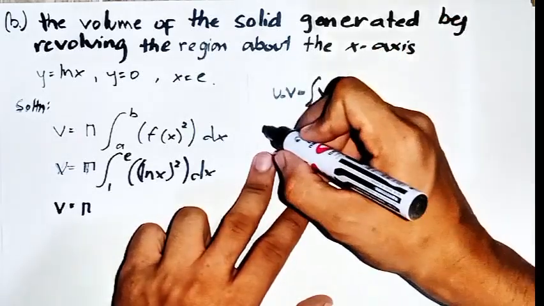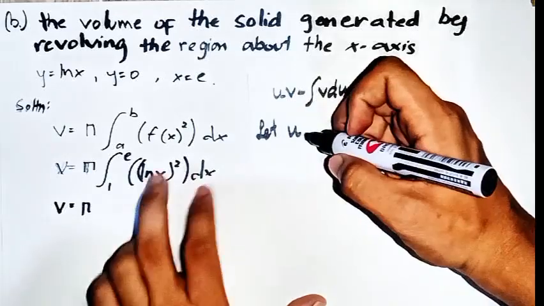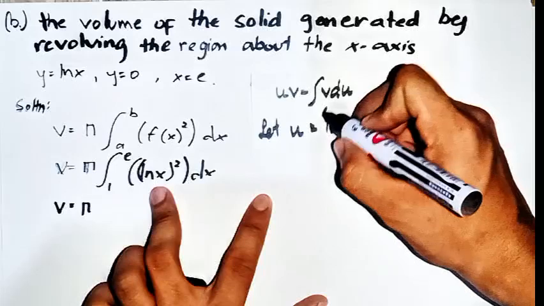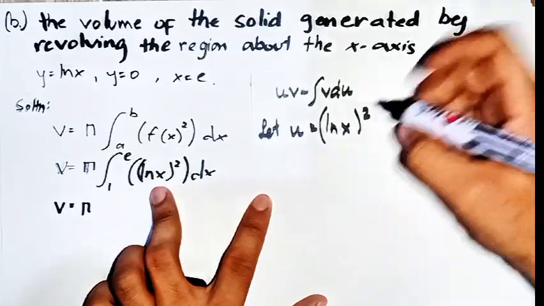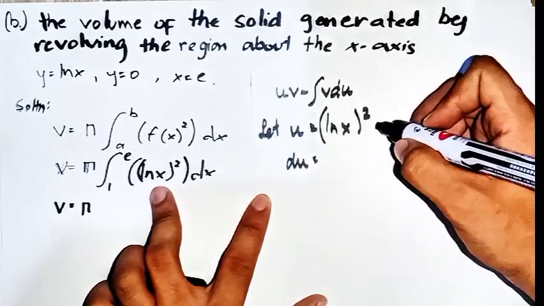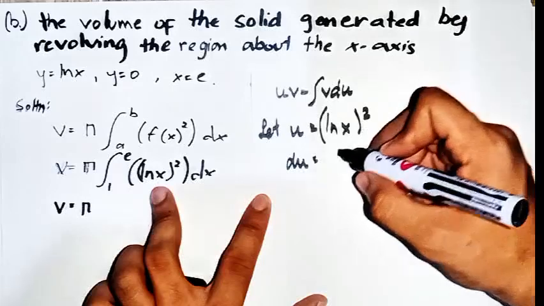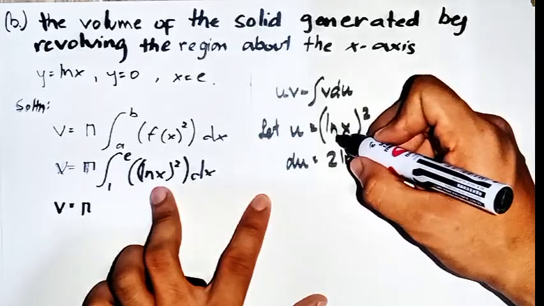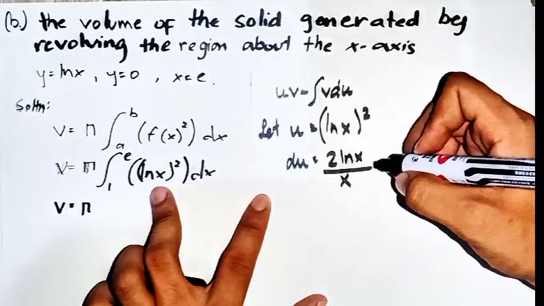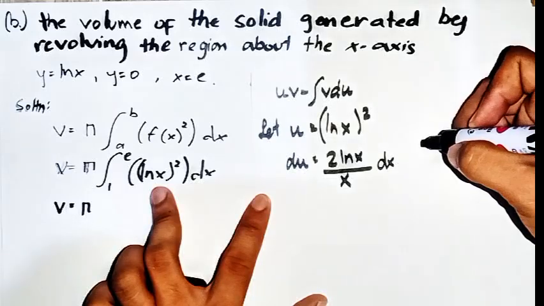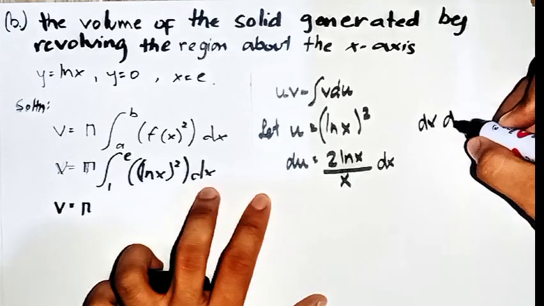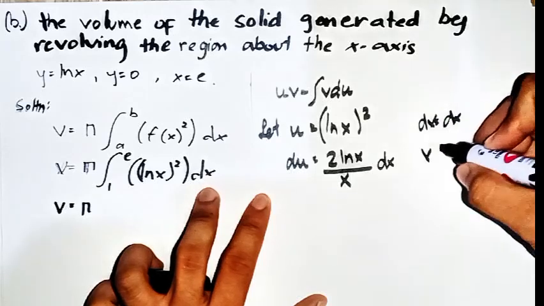So we are going to let u is equal to ln x squared, and our du, the derivative of ln x squared, is 2 ln x. The derivative of ln x is 1 over x, so 2 ln x over x dx. And our dv is dx, and our v is equal to x.